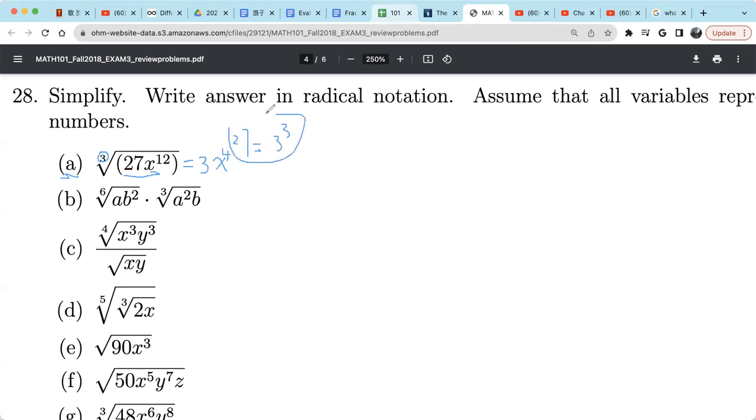Okay, let's see why. Remember, we can write radical expressions in rational exponents. So we can write the cubic root of 27 x raised to 12 as 27 times x raised to 12, then raised to 1/3.